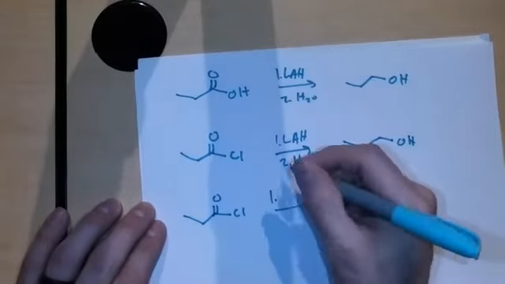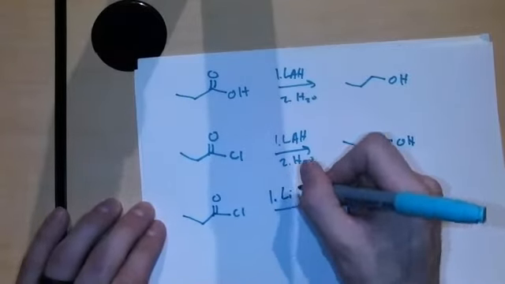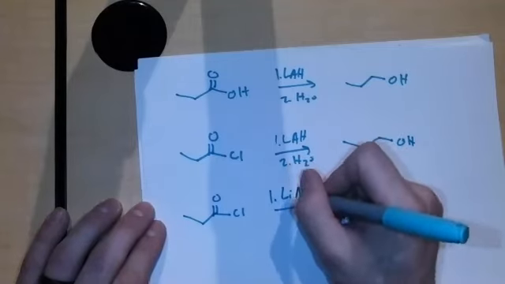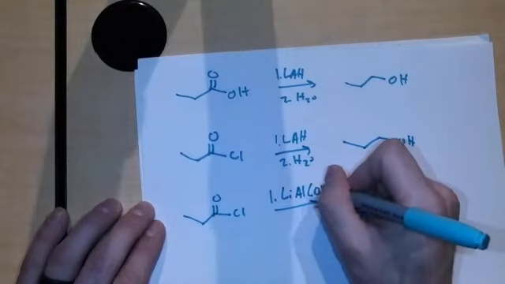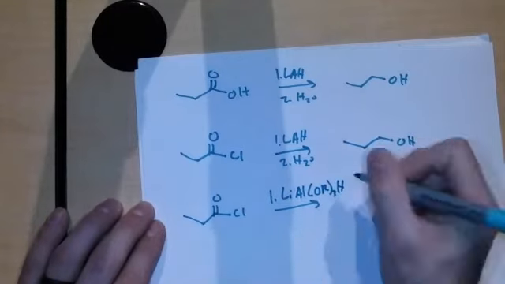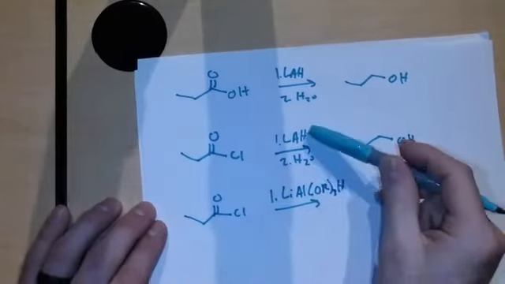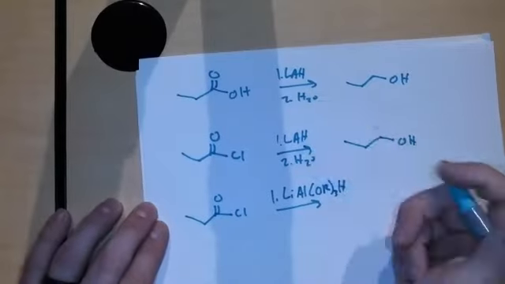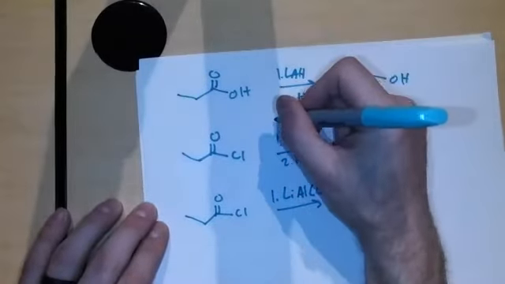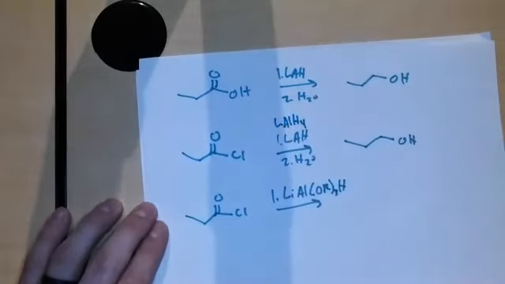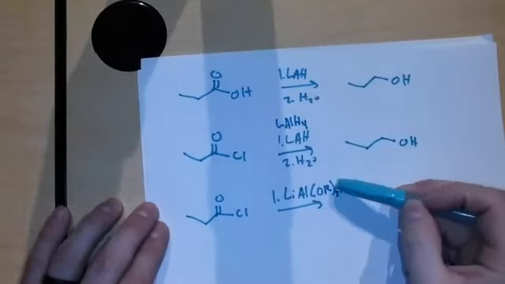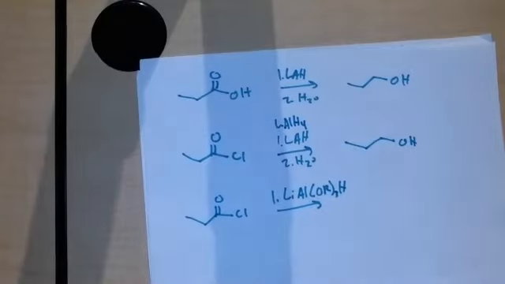So if you throw in LiAl(OR)3H, LAH has 4 hydrides, LiAlH4, but this only has 1 hydride on it. The rest of it are these hindered oxygens.